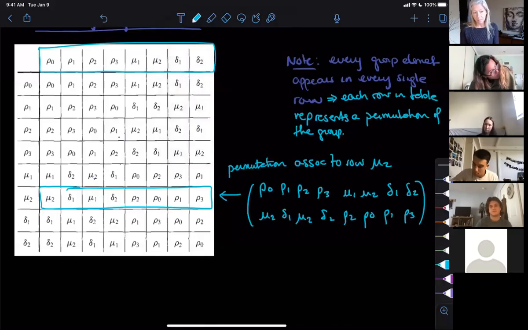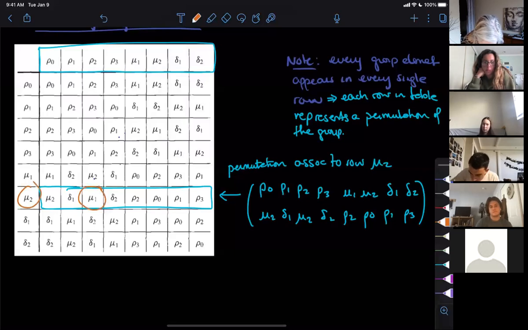That's okay. But also, we know that in order to get right here, we took mu2 times rho 2. So what got rho 2 to mu2? How did this permutation take rho 2 to mu2? What's the equation?